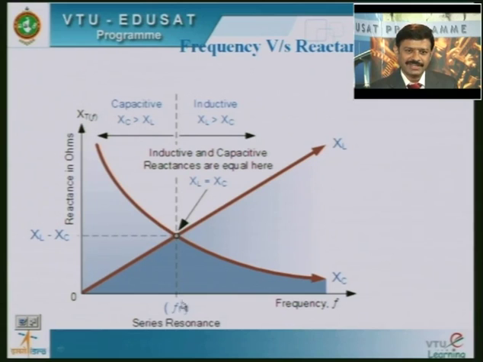At this point we get the resonating frequency Fr. Here Xc is greater than Xl, so the circuit is highly capacitive in nature, and here the circuit is inductive, it is reverse, Xl is greater than Xc.